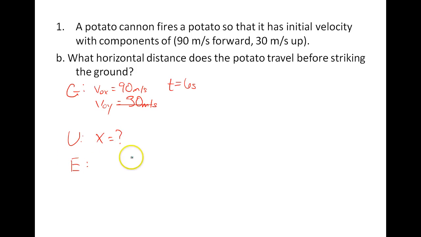We don't know that. So let's find an equation that will help us solve for this, and we can just use your normal formula for displacement, velocity. We'll do the initial horizontal velocity because we know that remains constant, multiplied by the time. So when we substitute and solve, we put in the initial horizontal velocity, which is 90 meters per second, and the time, which we said was 6 seconds.